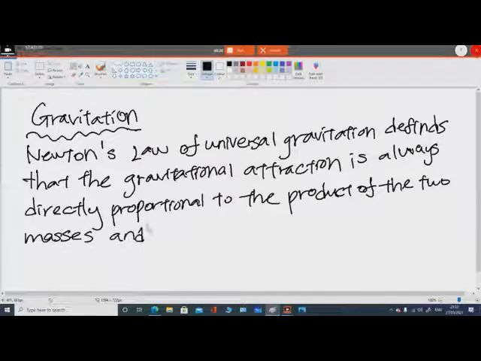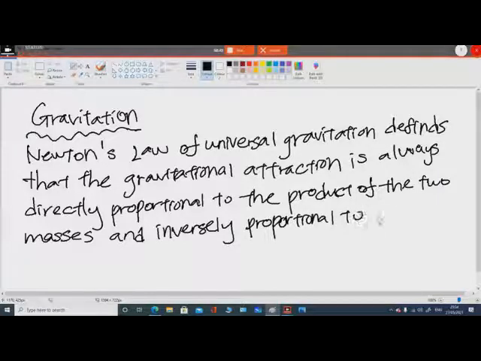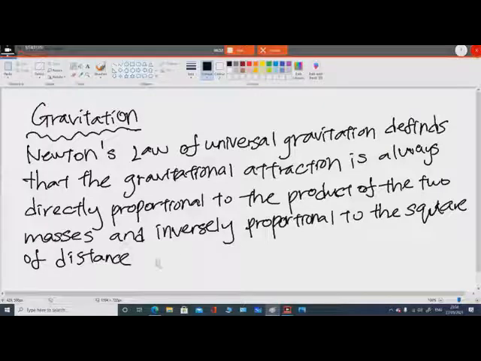and inversely proportional to the square of distance between them. This is how we define Newton's law of universal gravitation, which determines the gravitational attraction force.